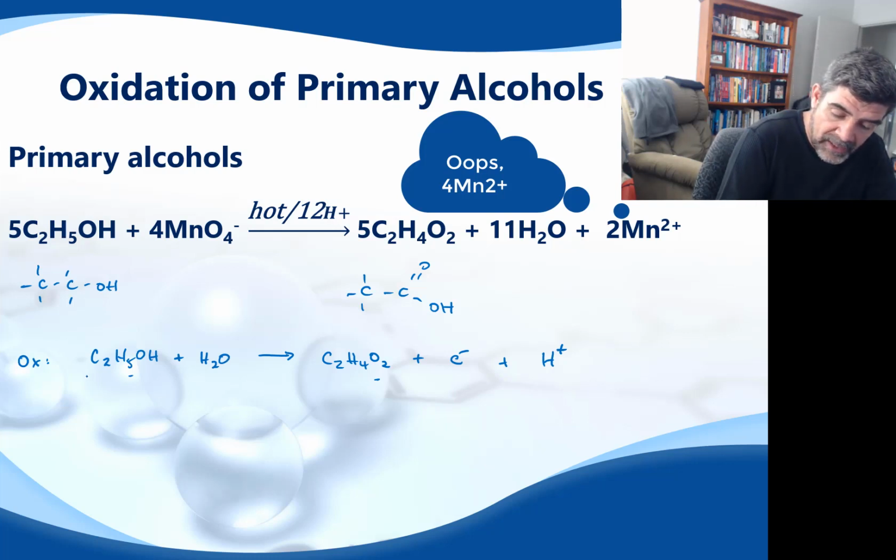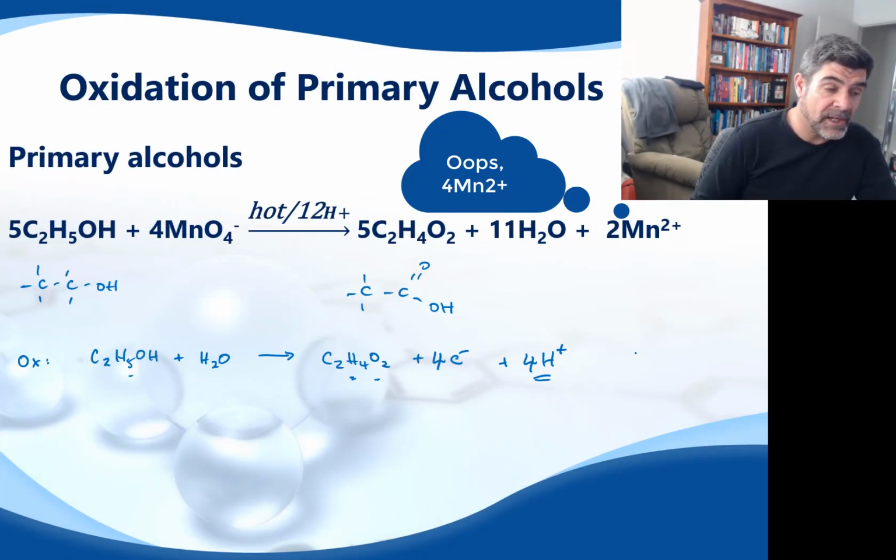So now on the reactant side, I have 5 and 1 is 6 and 2 are 8 hydrogens. I only have 4 on the product side, so I'm going to need 4 H pluses in order to balance those hydrogens. But I also have no overall charge on my reactant side, and therefore I need no overall charge on my product side. So if I've got 4 H pluses, then I must have 4 electrons as well.